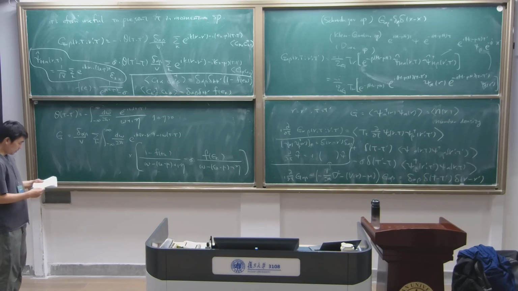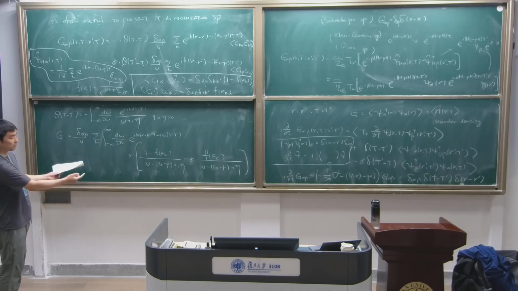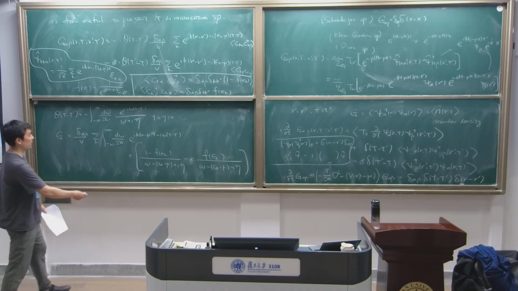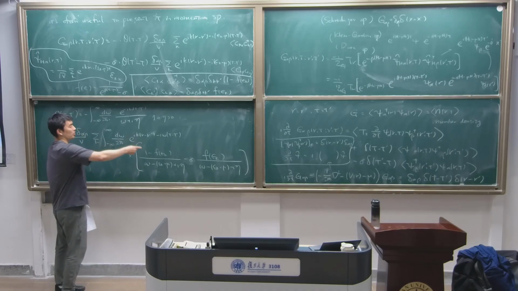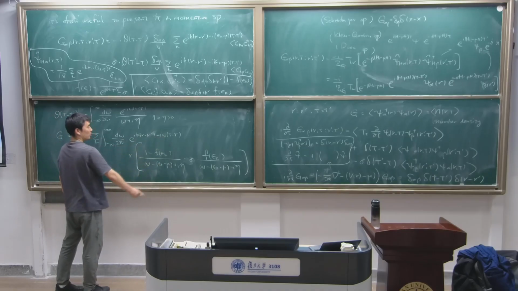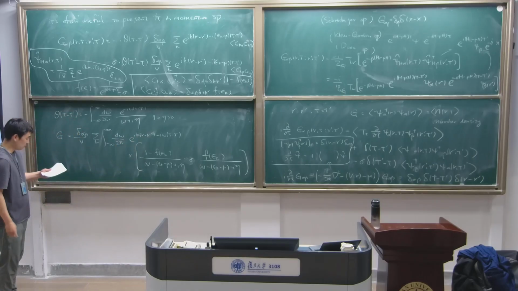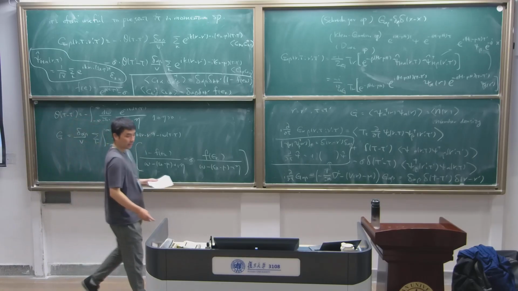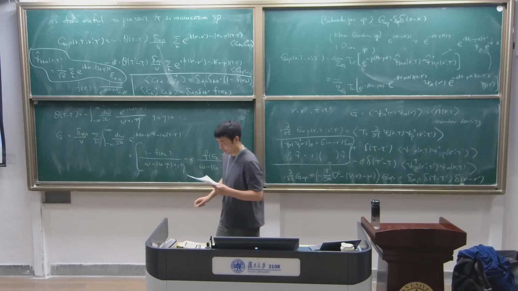This is a formula. Okay, so this is exactly the Fourier transformation. So omega is the energy, conjugate to time, and k is the momentum. So this is a Fourier transformation. So therefore, we can have this guy.